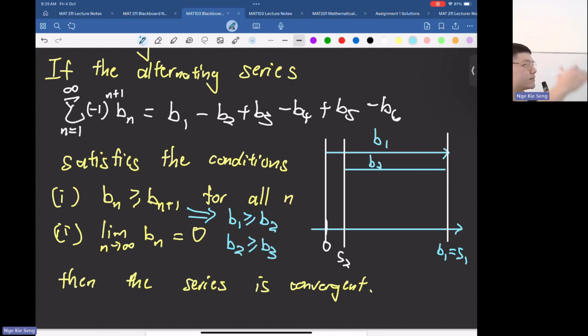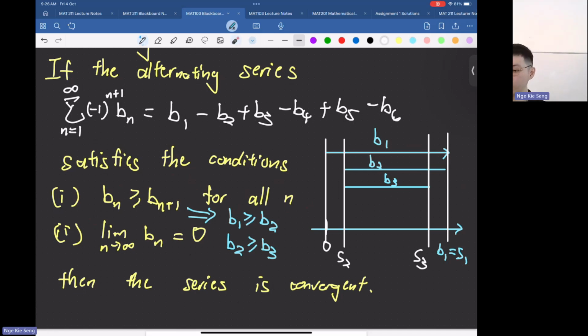So you see B3 is at most B2. You cannot go further than B2. So maybe we draw some schematic picture like this. Make sense? Get it?